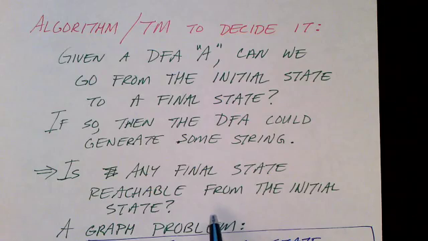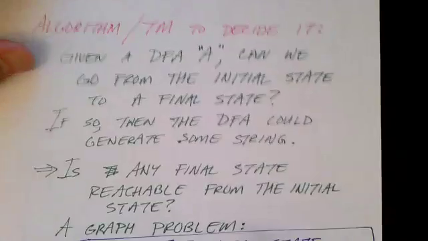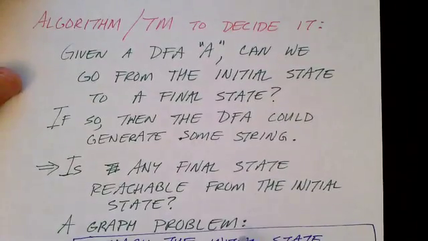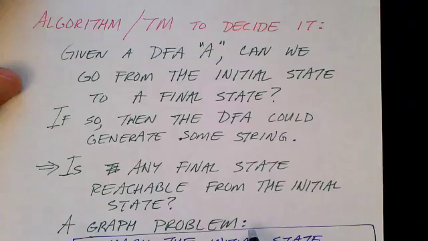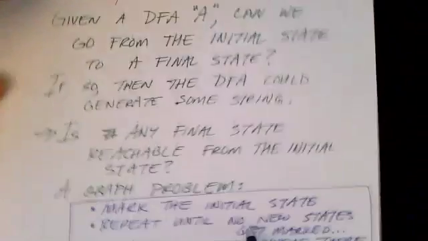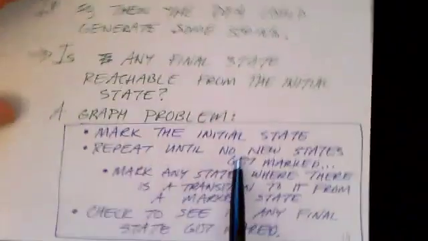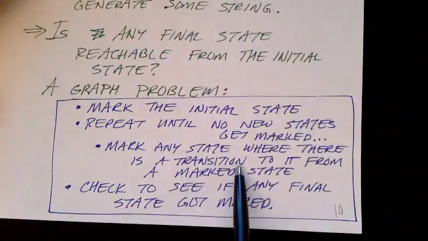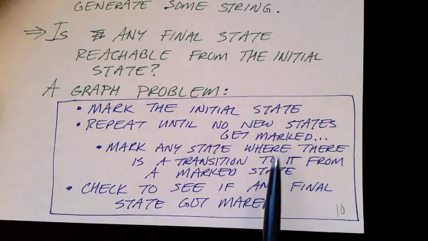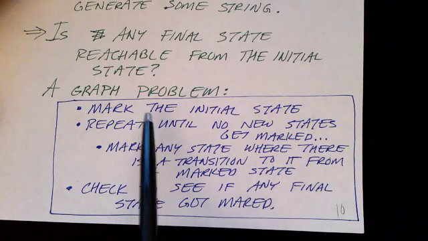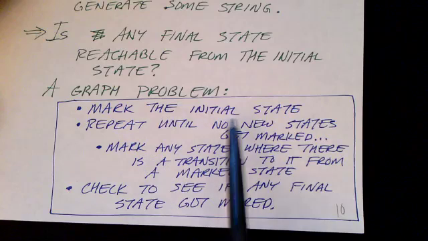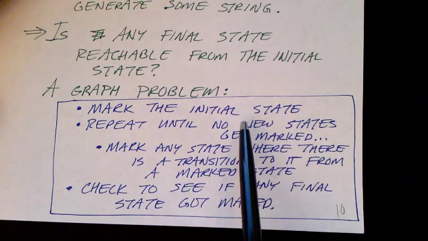It turns out that this is essentially a graph problem. A deterministic finite state automaton is a directed graph of states, and so we have to ask whether a path exists. The algorithm is pretty straightforward, but I'll just go through it here. The simplest approach is a marking algorithm.